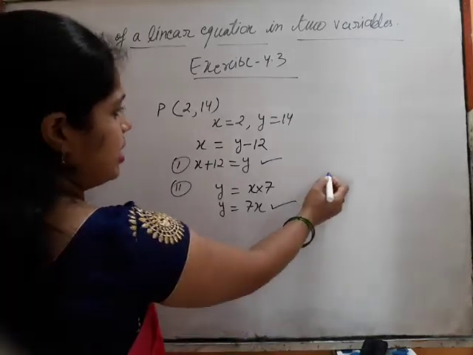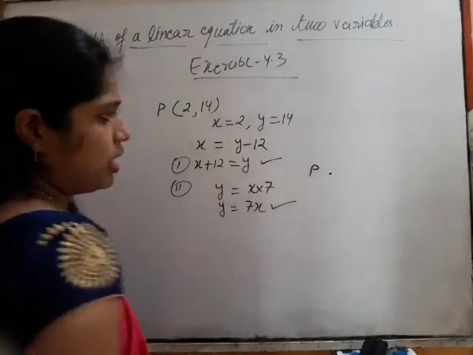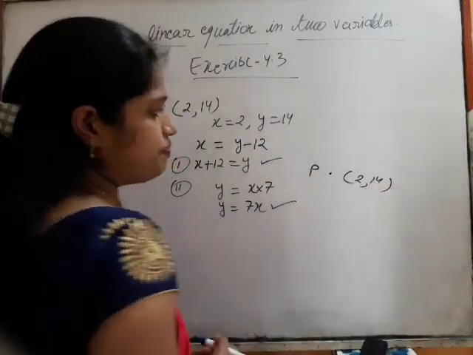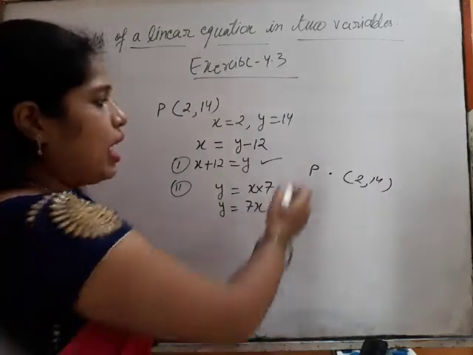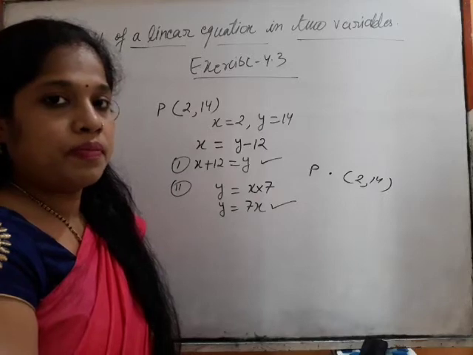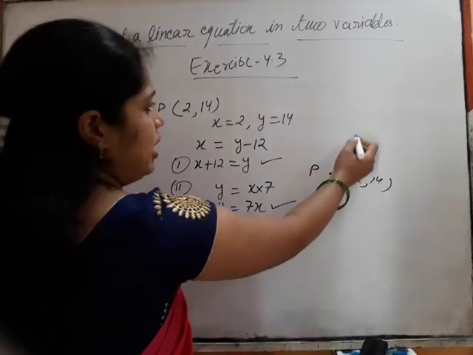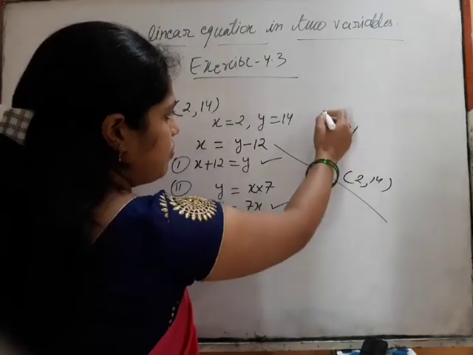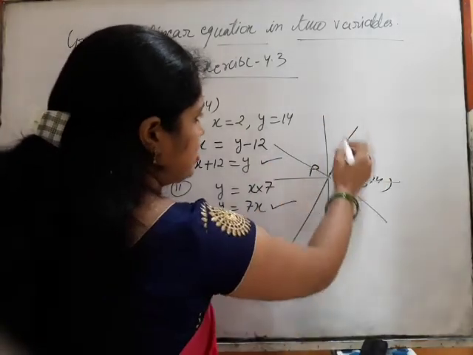Let us see, students, this is point P whose coordinates are 2 and 14. Can you say how many lines will pass through this point? There can be infinitely many lines which will pass through this point.